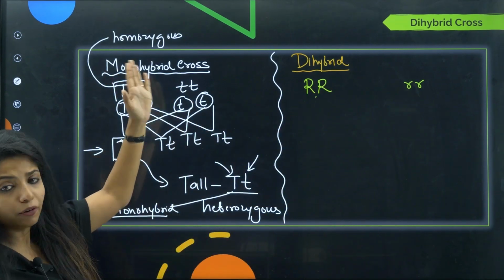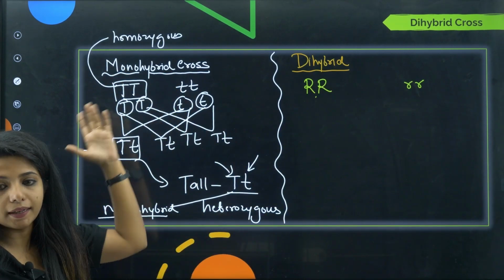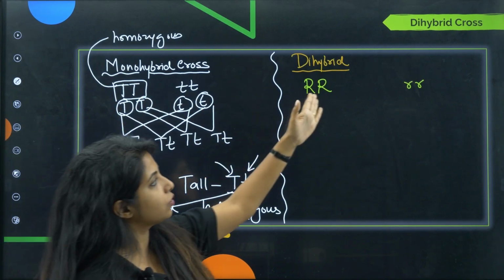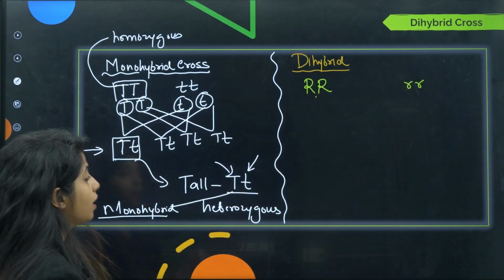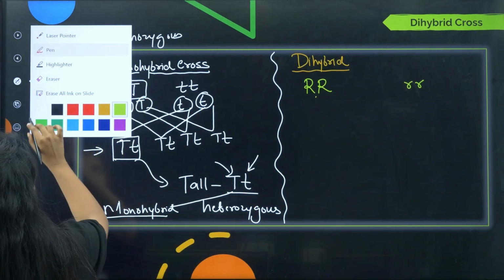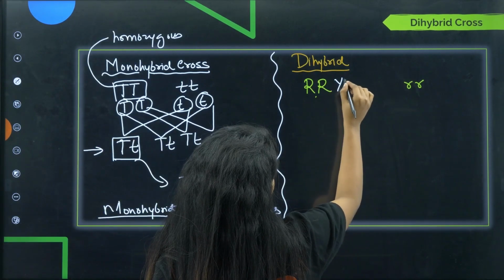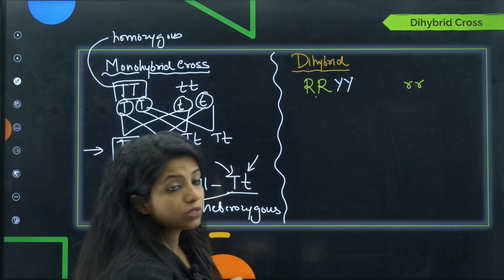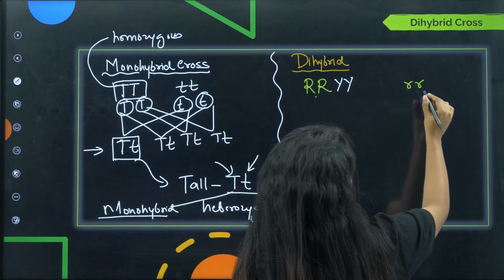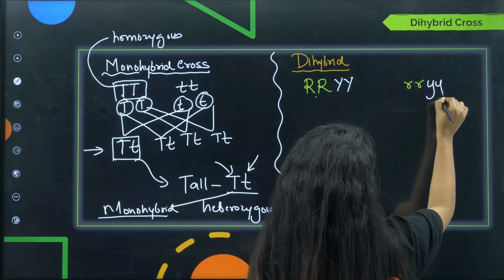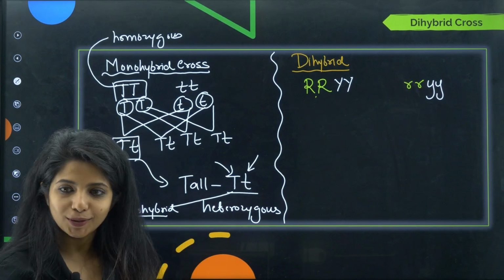Similarly over here we were talking about height. These were the different allele group, and both of them were homozygous. Over here also they were homozygous. But I'm putting one more thing over here, that is plants having round and yellow seeds, okay, pea plants having round and green seeds, okay.